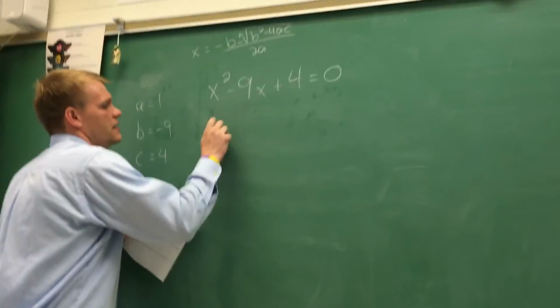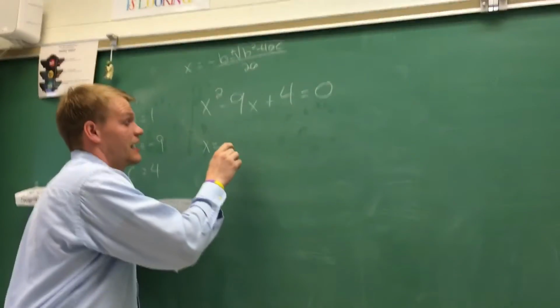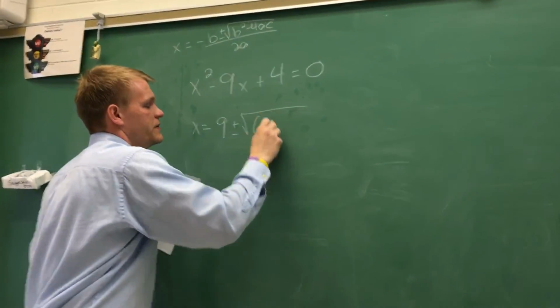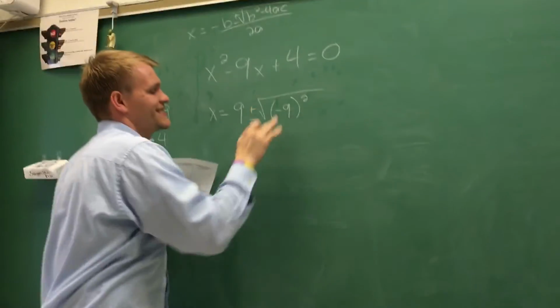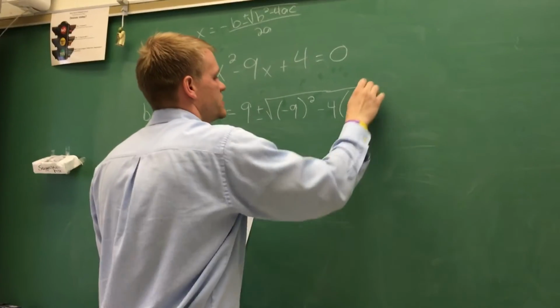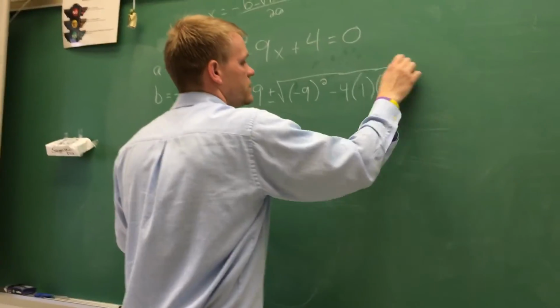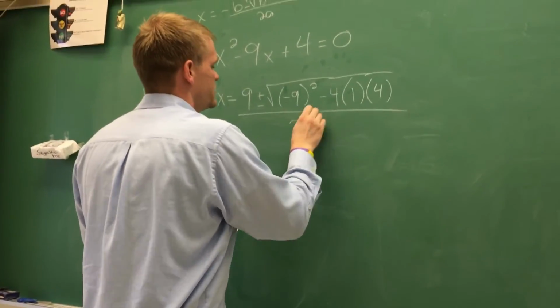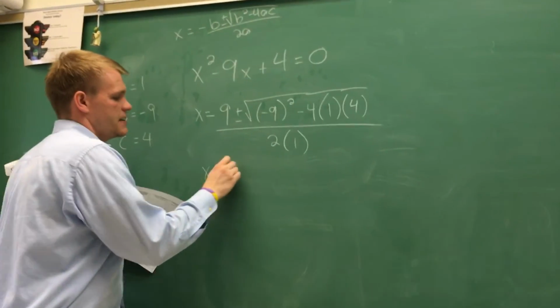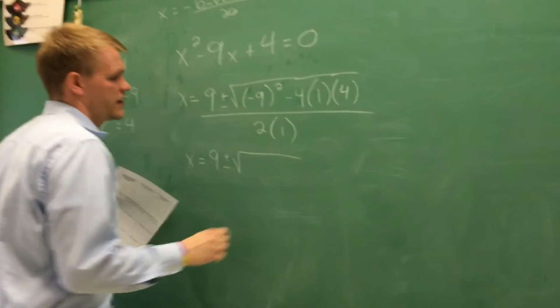So x equals the opposite of b, which is the opposite of -9, which is 9, plus or minus the square root of b squared. So since 9 is negative, I want to put it in parentheses. Minus 4 times my a, which is 1, times my c, which is 4, all over 2 times my a value, which is 1. So this is going to be x equals 9 plus or minus the square root of.